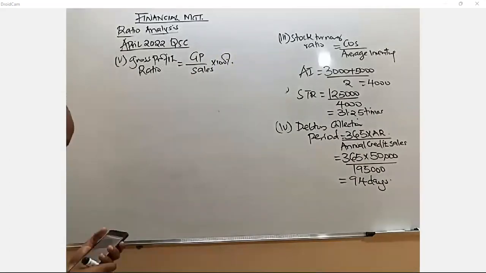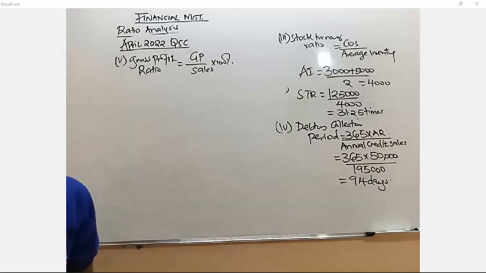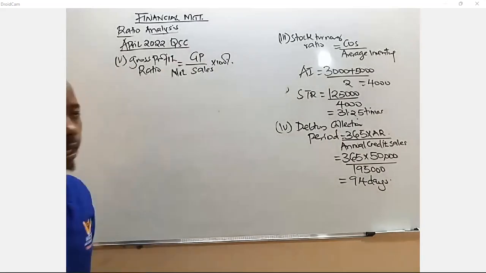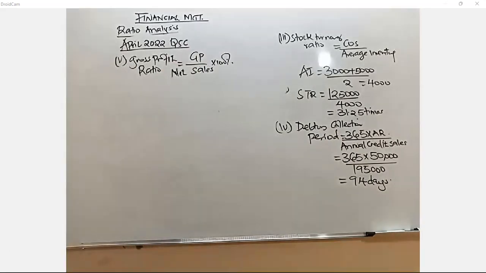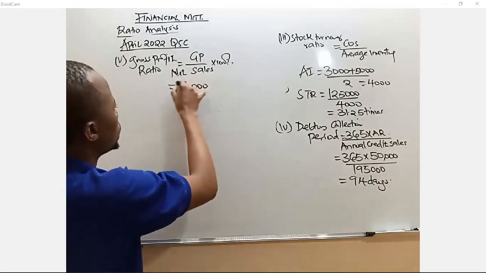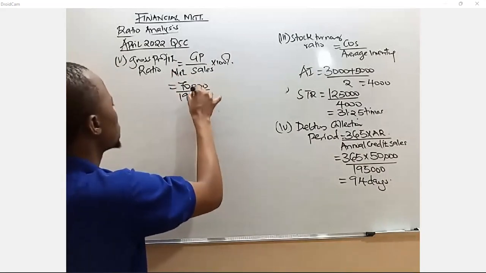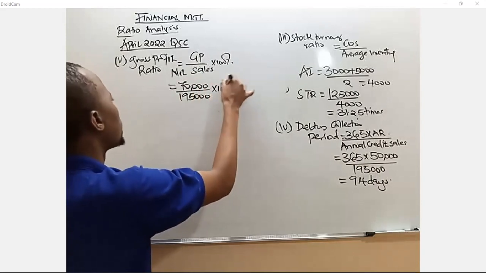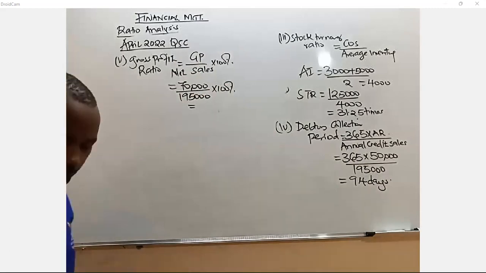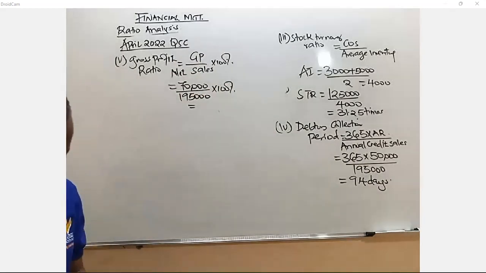Correct. How much is your gross profit? And this should be the net sales, by the way. Our gross profit is 70,000. You divide by 195,000 times 100%.